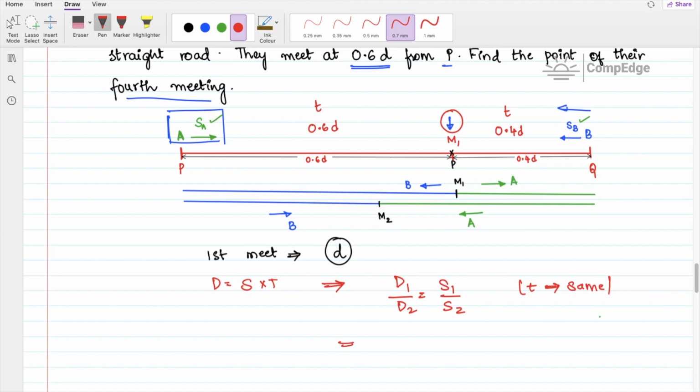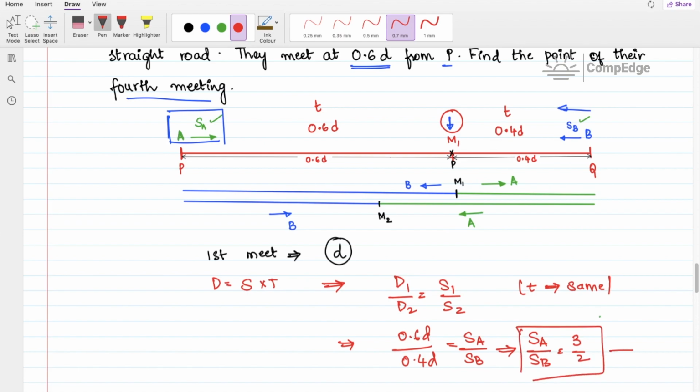So 0.6d divided by 0.4d is equal to SA divided by SB. From here we get the ratio of the speeds, SA by SB, is equal to 3 by 2. So this is a very important relation.